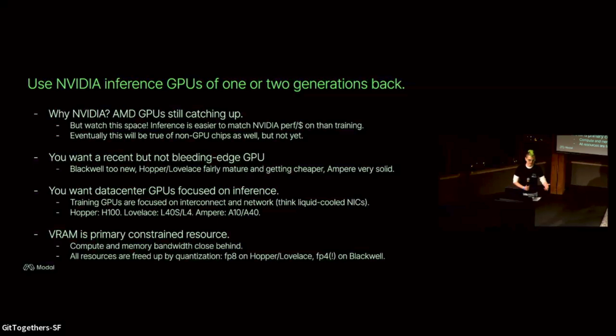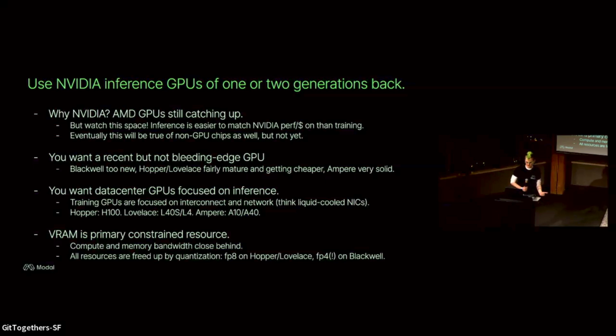Whereas the generation before, a lot of the hyperscalers and big labs are selling their hand-me-down H100s, so they're getting cheaper, and there's also fairly mature software for using them. And then the generation back, the Ampere generation, is very solid, dependable, with lots of deployments and availability. So if you can run your workload on that with acceptable parameters, it's a great choice.